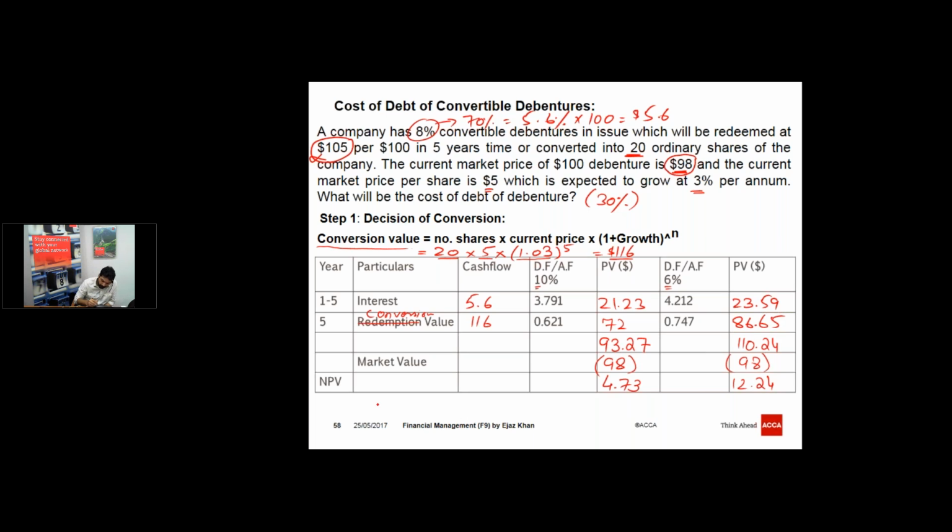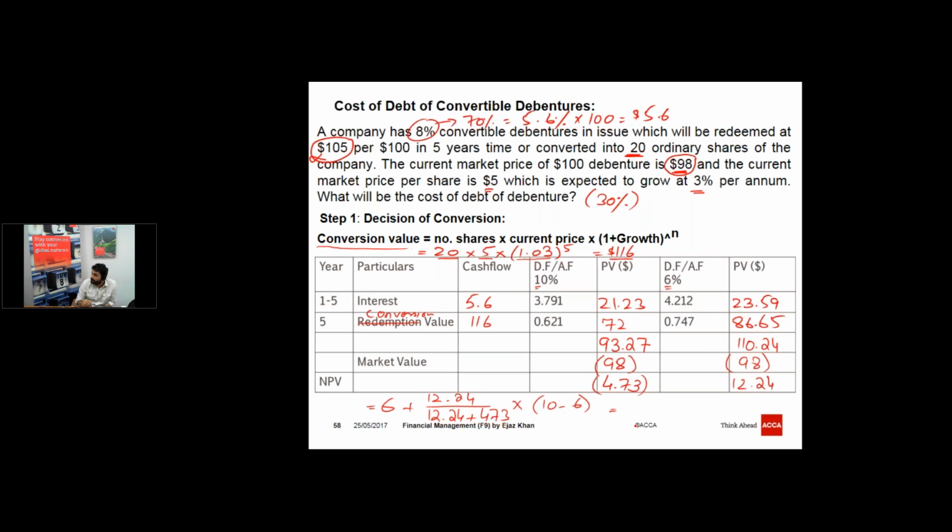So what we have to do is to use the IRR formula and put these values to get the cost of debt. So the lower rate is 6 plus the positive NPV, which is 12.24 divided by 12.24 plus 4.73 multiplied by 10 minus 6.